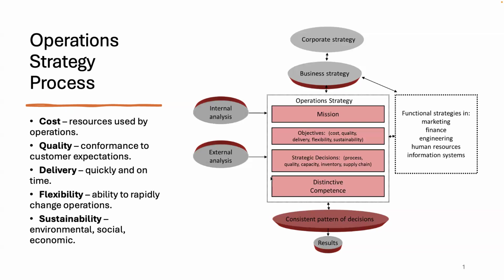An important idea here is that firms cannot excel at everything simultaneously. You cannot be the lowest cost producer while also producing the highest quality with maximum flexibility and the fastest delivery at the same time. Choices must be made.